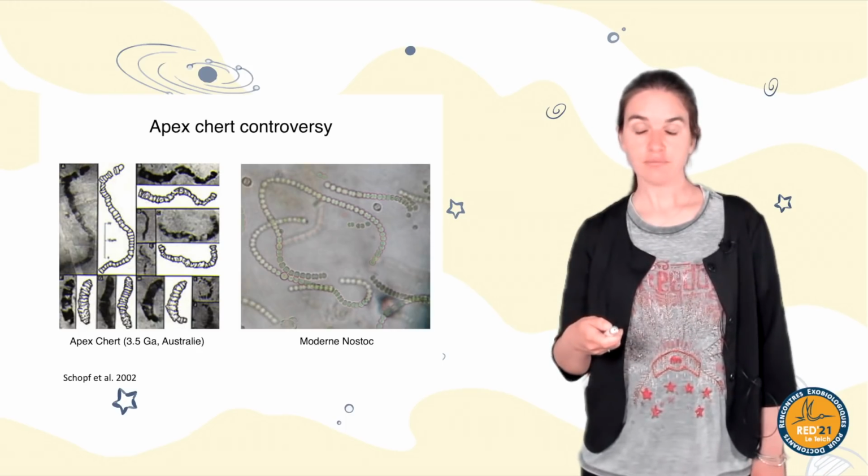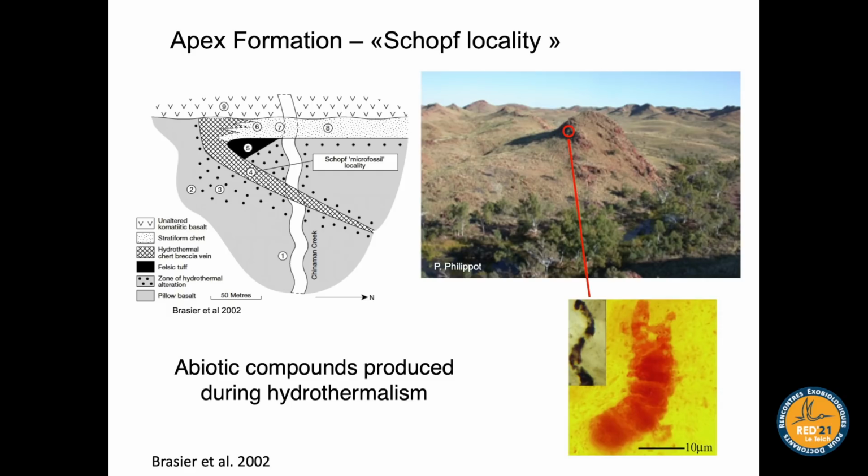At first it was interpreted as reflecting the presence of potentially cyanobacteria, which you can see here in the microscope picture of a modern cyanobacteria. It looks similar. But we also have a problem with the Apex chert: the locality, the Schopf locality from the first papers, is not at all a sedimentary surface environment. It's a hydrothermal vein, as you can see on this nice schematic.